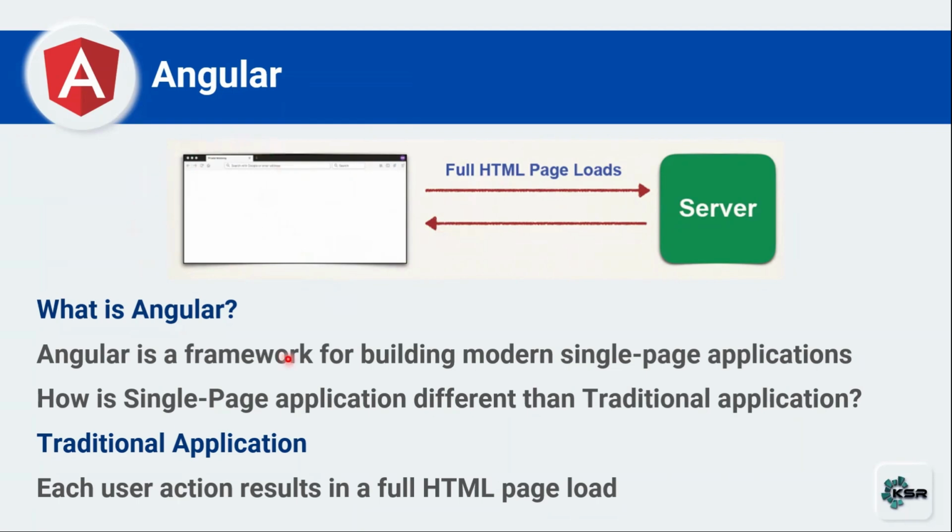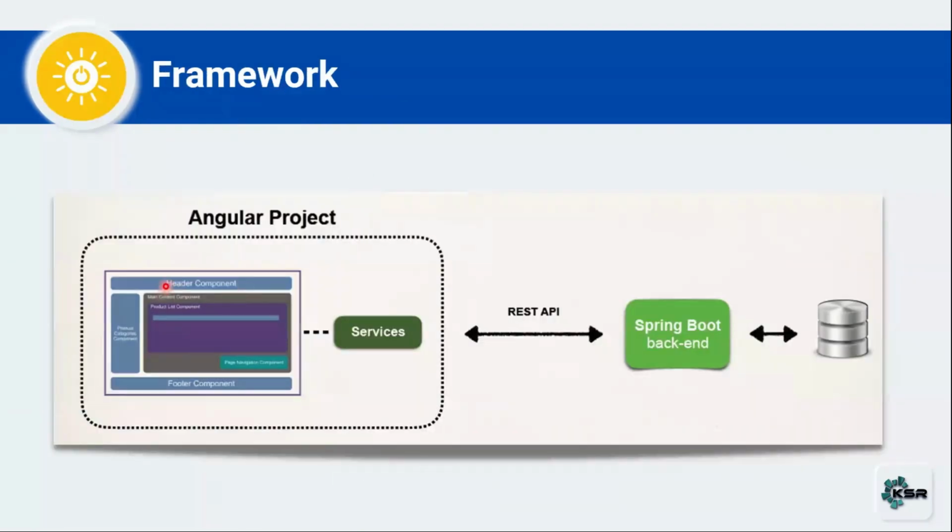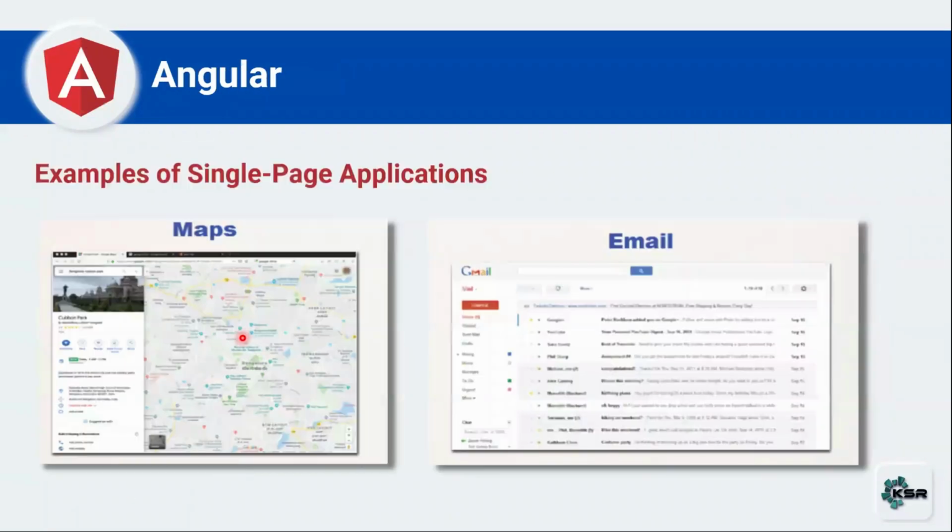So there will be a performance issue in the traditional application. Whereas in the case of Angular, it dynamically loads only the particular control. You can see here, the header component, footer component, and layout remain the same. Only this body component is going to change. That's why we choose Angular.